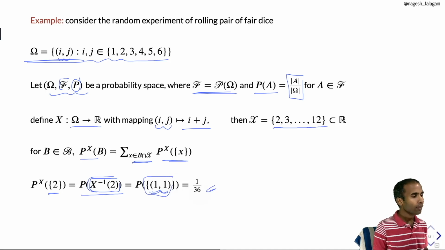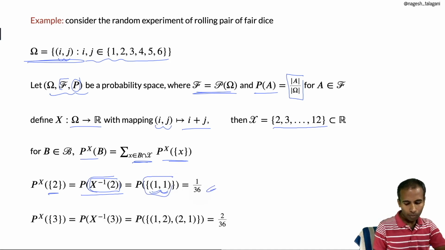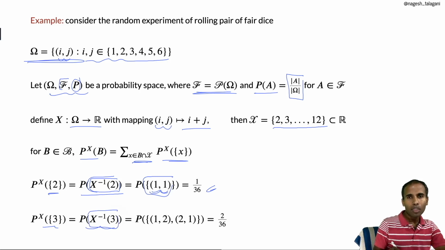Similarly, Px of singleton 3 means the probability of X inverse 3, the event consisting of all outcomes whose sum is 3. Only (1, 2) and (2, 1) add up to 3, so the event consists of these two outcomes, and its probability is 2 by 36.